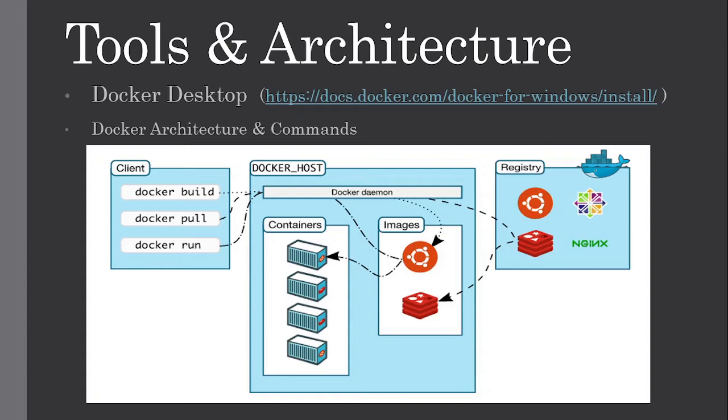Once you download your image from the registry, you can create as many containers as you want from that image. In programming terms, you can think of images as C# classes, and you can create multiple instances from those classes, and those instances you can consider as containers.